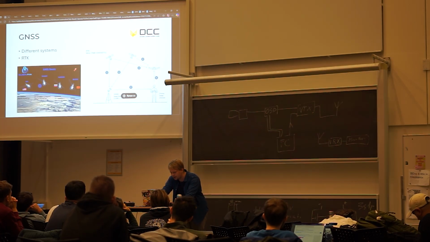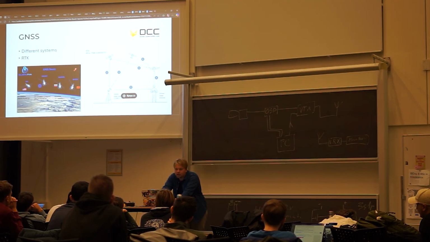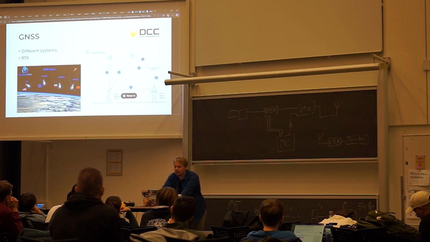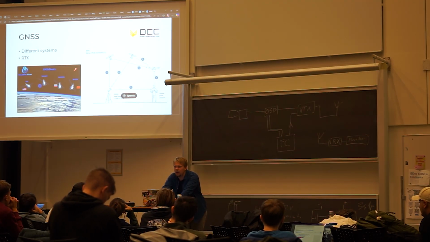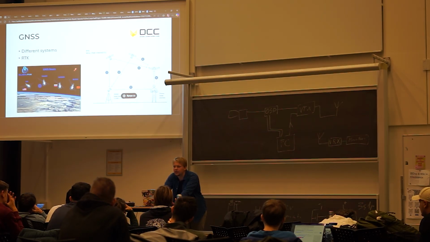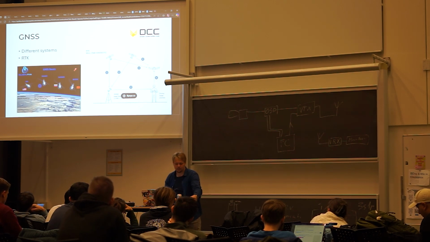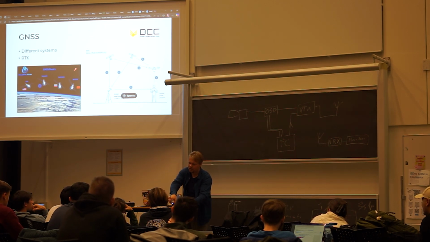I think this diagram is mostly for RTK. But yeah, GNSS, or just GPS modules, are used a lot in drones for knowing where the drone is. So you would have an antenna, and we have it here actually. So this is the GPS module.